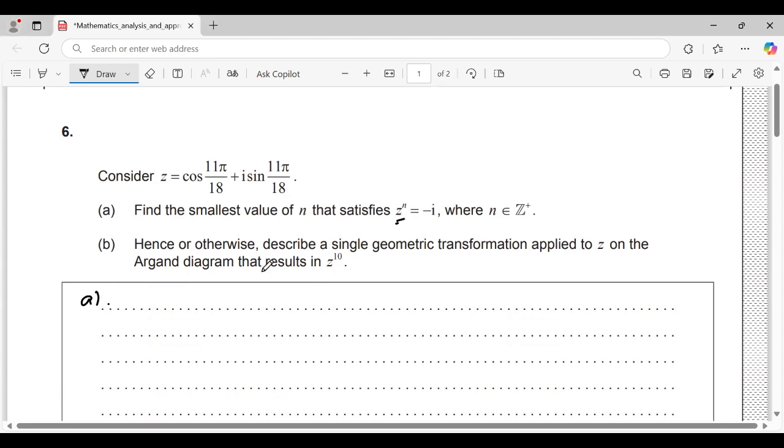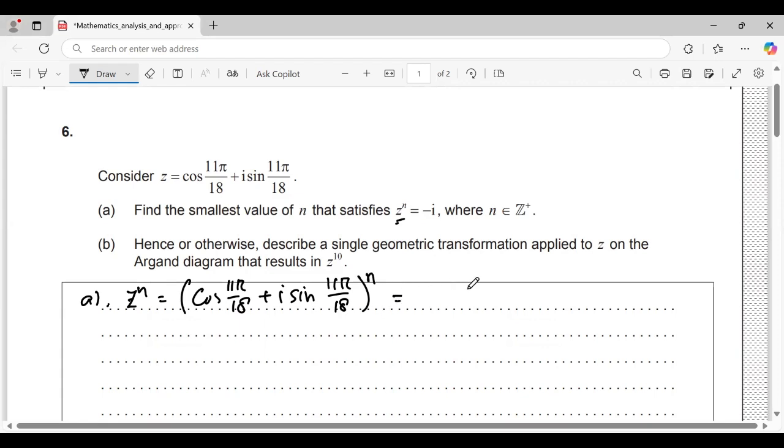According to this statement, Z equals cosine 11 pi over 18 plus i sine 11 pi over 18. So Z power n becomes cosine 11 pi over 18 plus i sine 11 pi over 18, all to the power n, because Z equals this expression.